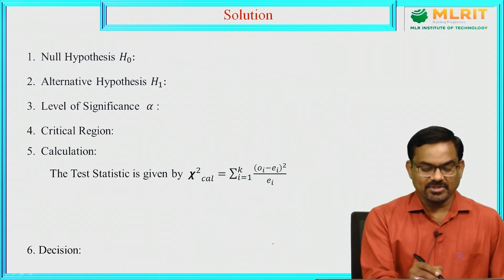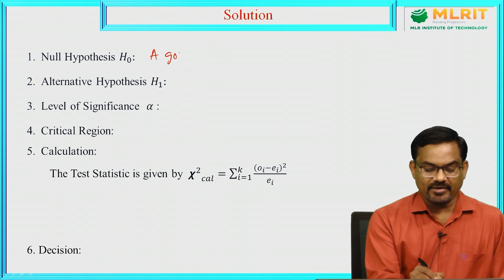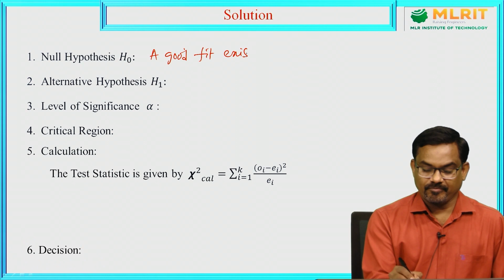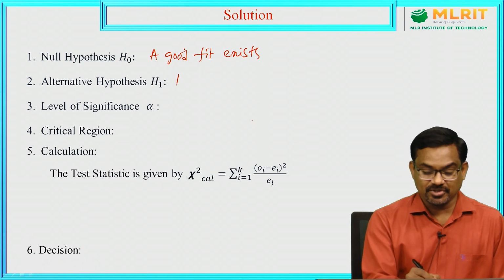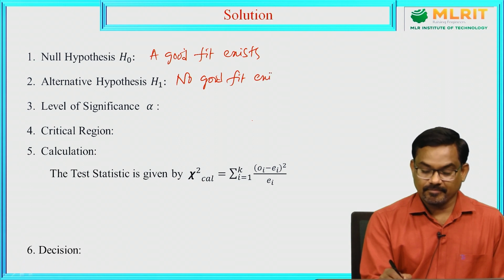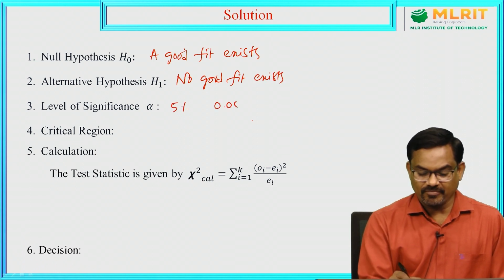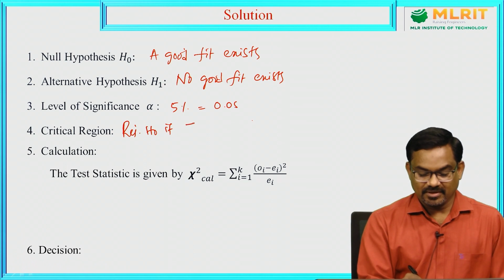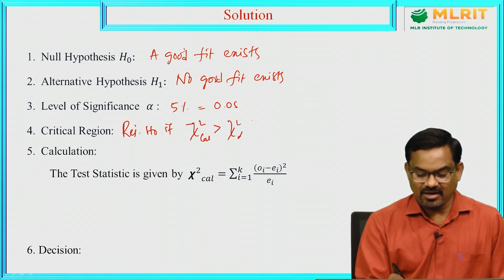And the test is as follows. The null hypothesis H naught: a good fit exists between the given data and the binomial distribution. The alternative: no good fit exists. The level of significance is 5%, so 0.05. Critical region: reject H naught if chi-square calculated is greater than chi-square alpha.